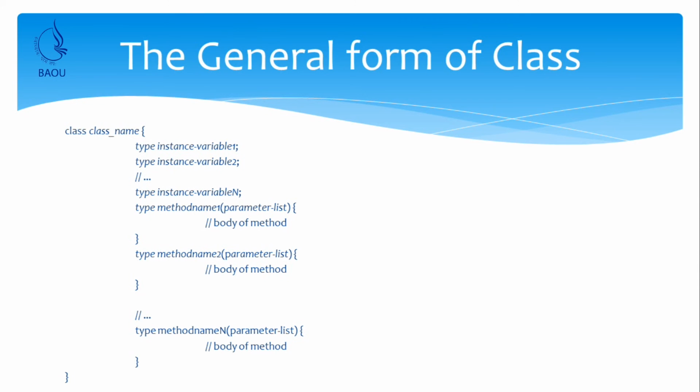Now, each instance variable has a different type and name. So, type indicates the type of the instance variable. So, we can have one instance variable of one type and another instance variable of another type. So, you can define any number of instance variables inside a class, and then we define methods of the class.